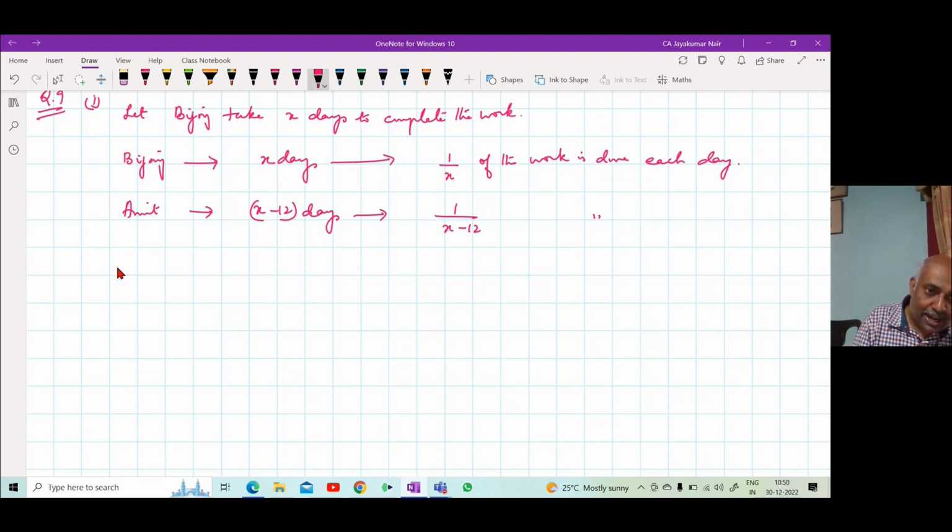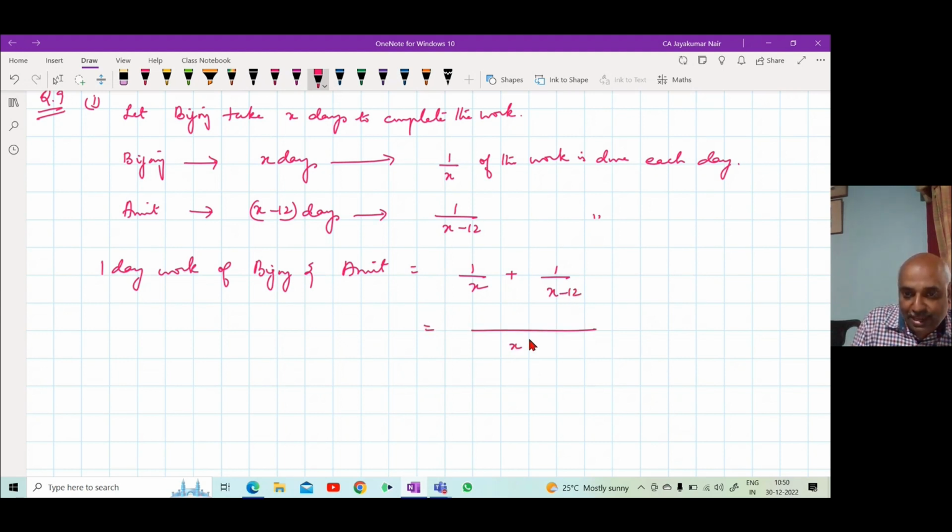So I want to find out 1 day work of Bijoy and Amit. If I want to find their 1 day work, it'll be 1 over x plus 1 over x minus 12. So LCM is x into x minus 12, and the numerator is x minus 12 plus x. So you get 2x minus 12 over x squared minus 12x.